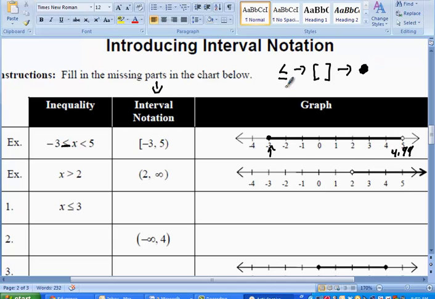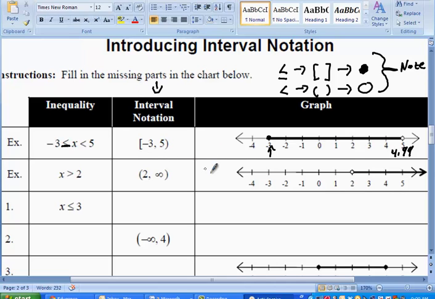And if I have a less than sign, we know that it's the same thing as a parentheses, and that's the same thing as an open circle. You guys might want to keep this in a note somewhere to help you remind yourself while you're going through this. That's a good key to have.